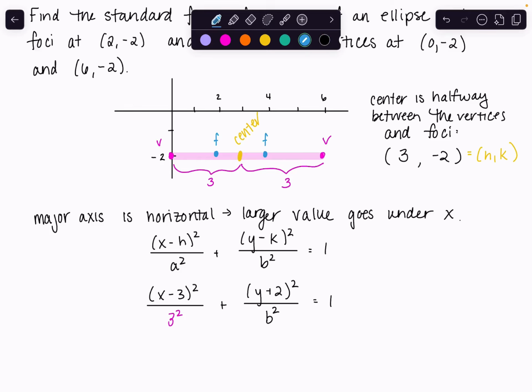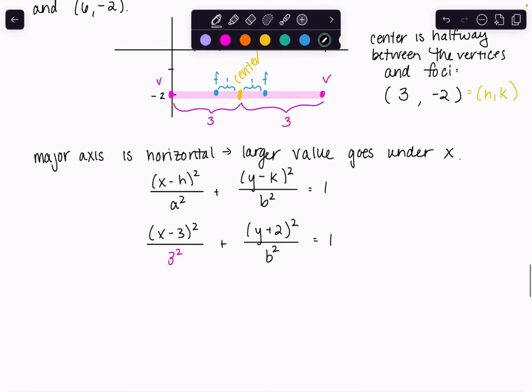However, to find b, I do know that my distance from the center to each of the foci is 1. So we're going to need to utilize that to find what goes underneath y. And again, I just need b squared. You don't have to find b itself, because I don't need to draw this, so I don't need to know the distance I go up and down. I just need what goes underneath y.